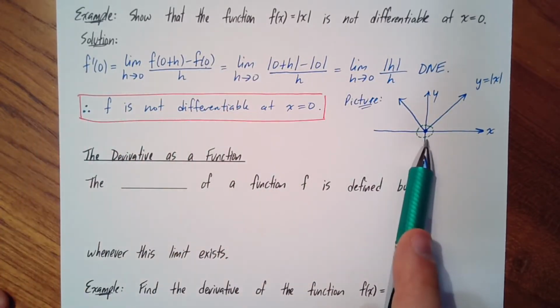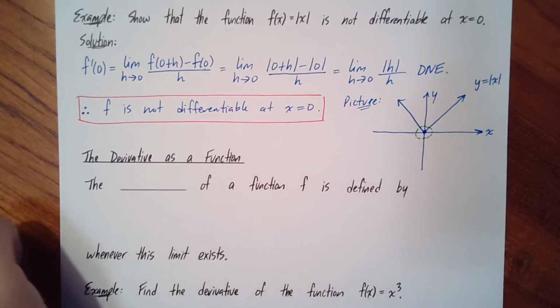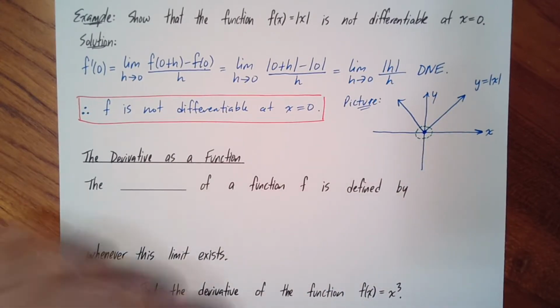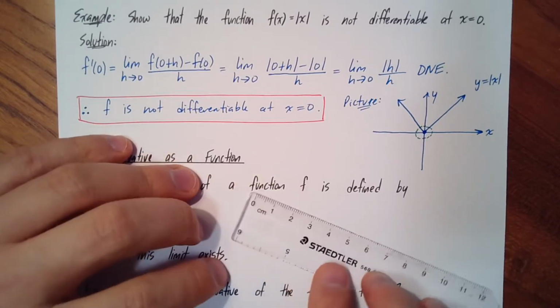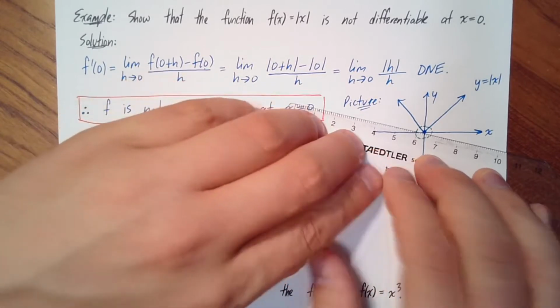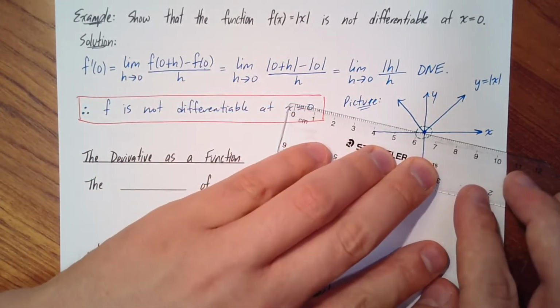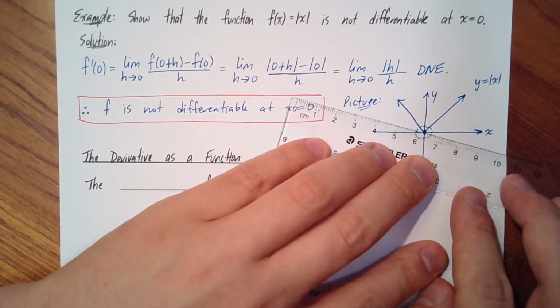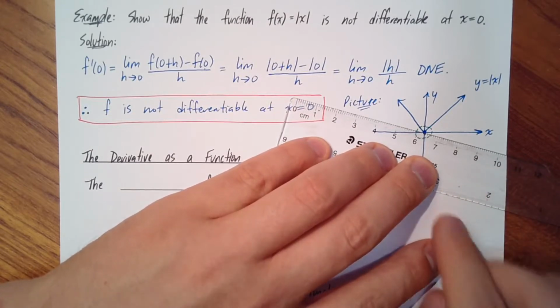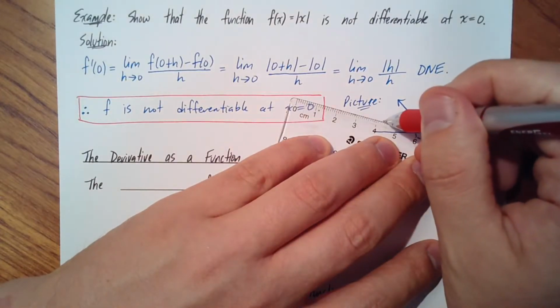Well, it doesn't even make sense to draw a tangent line at this point. Let me use my ruler to highlight that fact. If you have a nice smooth curve and a point on that curve, you can say there's a unique tangent line, a unique line that touches that curve at exactly one point. But look, if I angle my ruler like this, you could say that that's a line, and maybe I'll just draw it in red.